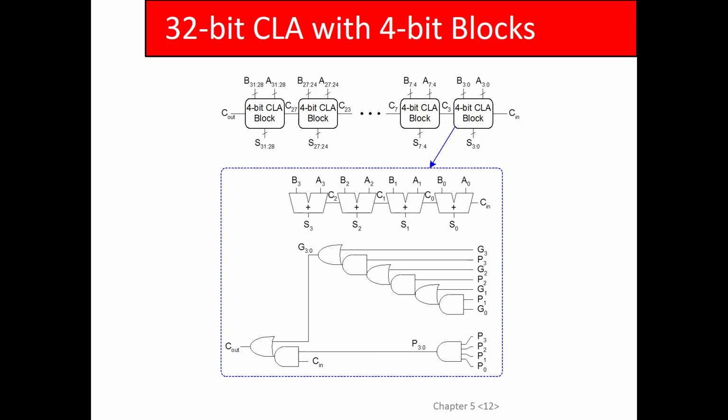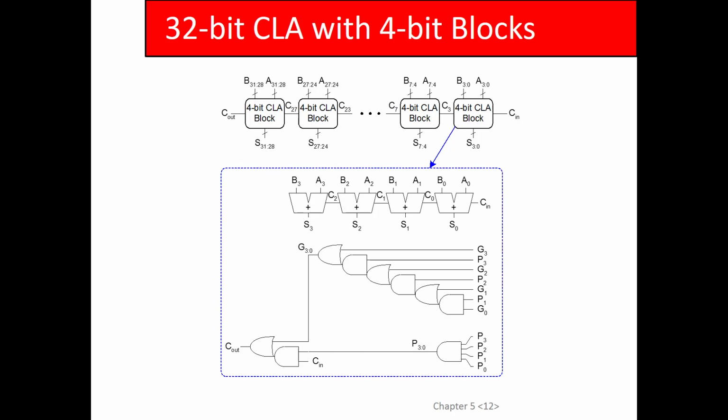Because technically this carry 3 is calculated relative to this carry in. This carry 7 is calculated with respect to this carry 3, but then that carry 3 is calculated with respect ultimately to the carry in. So we still have a rippling going on, but it only ripples across every block of 4 adders instead of every single bit. You guys with me?